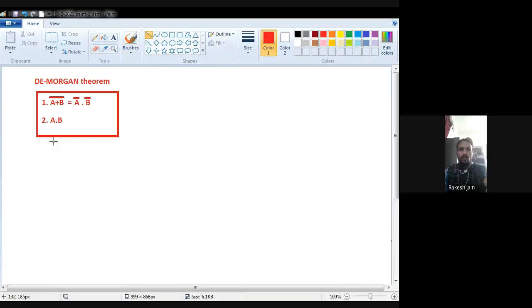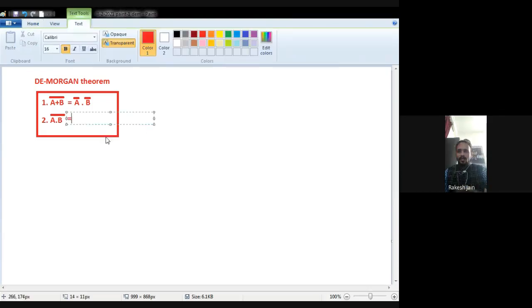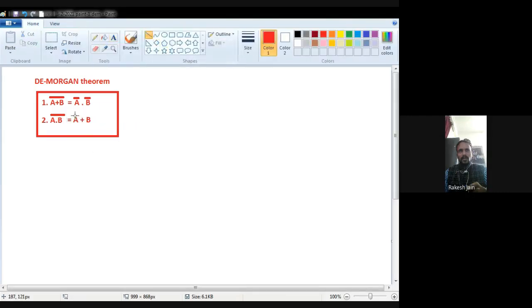The second one is, if two numbers A and B are ANDed with each other, dot means AND and plus means OR, and having a bar over there, then they are actually ORed with each other, having individual bars over there. So these two statements together are known as De Morgan theorem.